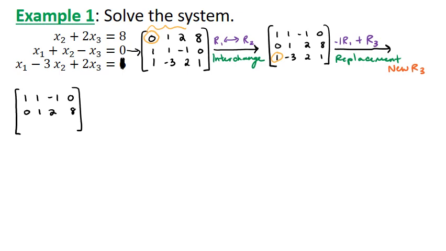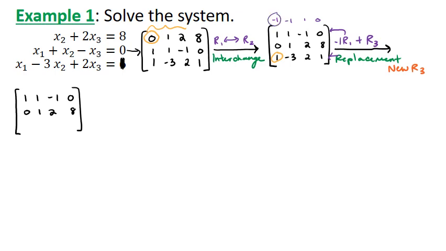So the first thing I want to do is take row 1 and multiply it by negative 1. So when I do that, this becomes negative 1, negative 1, 1, and 0. And I'm going to add that to row 3, and that will become my new entry.